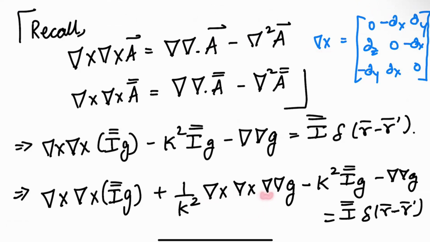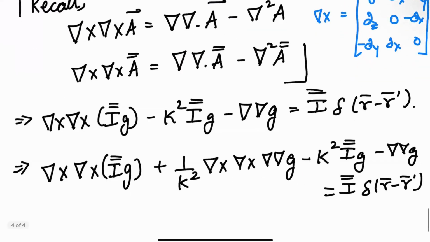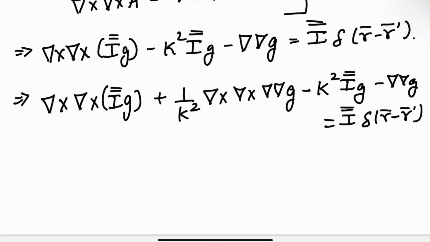You can use a column vector for gradient, which is nothing but dx, dy, dz. And you'll see that when you do this product, they'll all cancel out, and you'll get 0 out here, a 0 vector. That's one way to prove that curl of gradient is 0 for any vector. Okay, so since that is 0, we can put that in there.